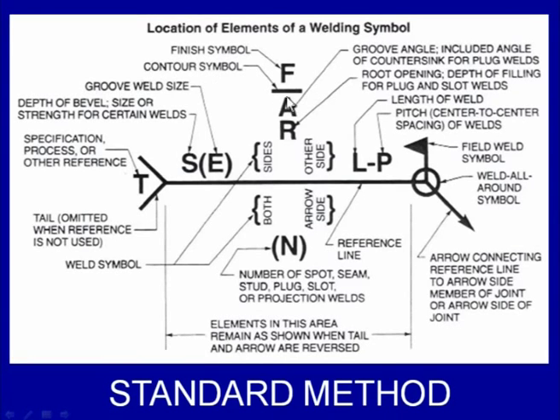So the weld contour symbol is there, and then we have R for the root opening, or the depth of filling for plug and slot welds, and A stands for the groove angle to be used. So, this is how the different information is provided with the help of the weld symbol.